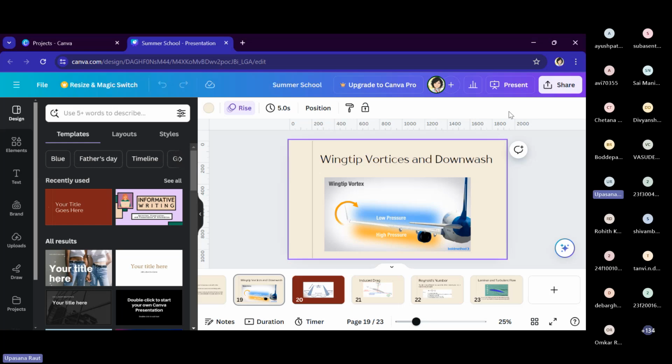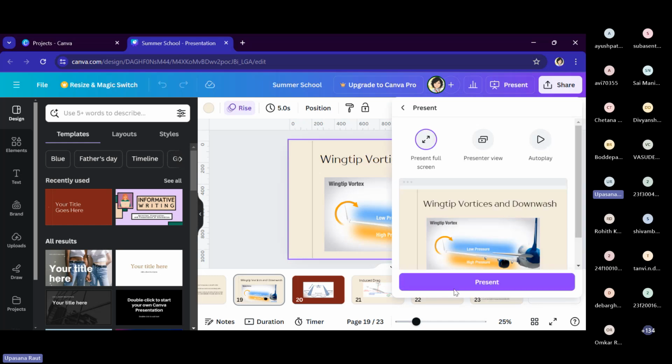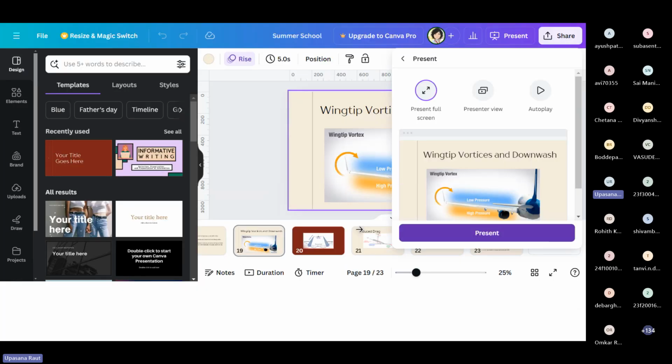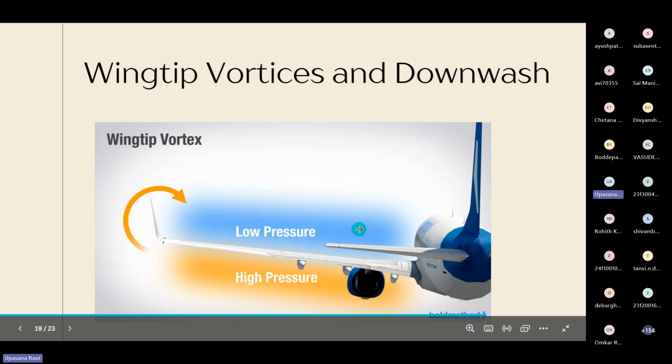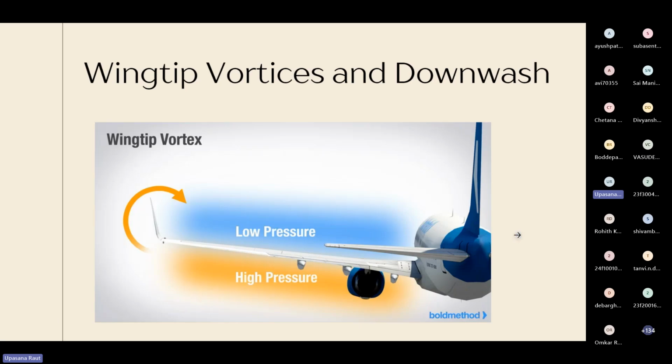So, like I've said before, if there is an airfoil, there would be a pressure difference around it. And we have also learned that below the airfoil it is higher pressure, and above the airfoil it's lower pressure.